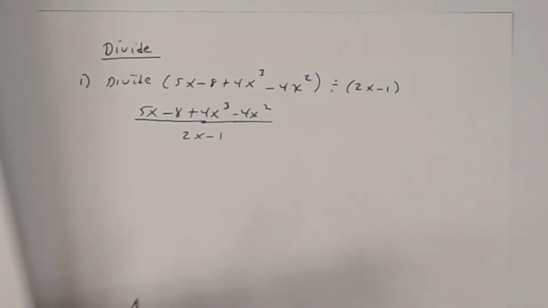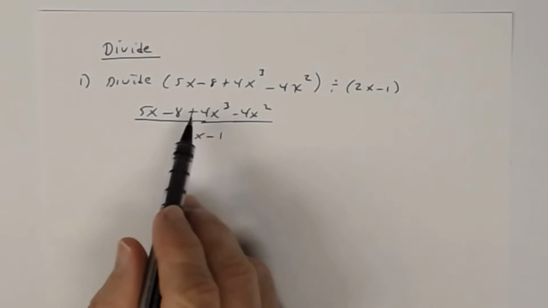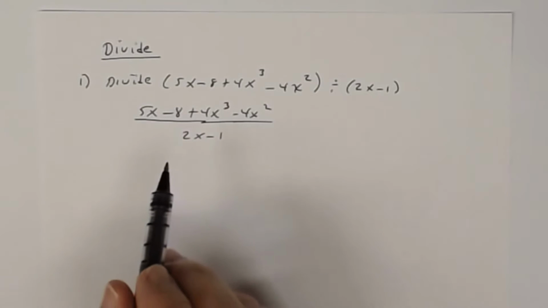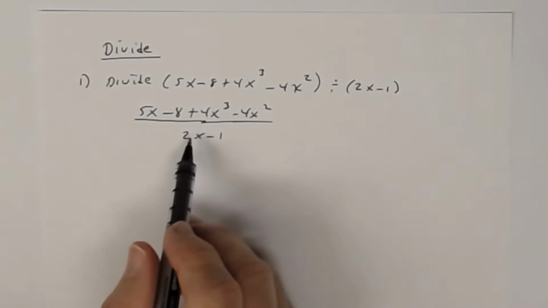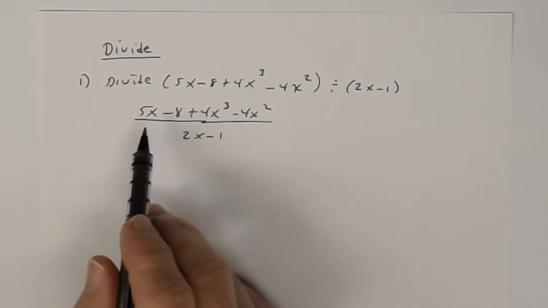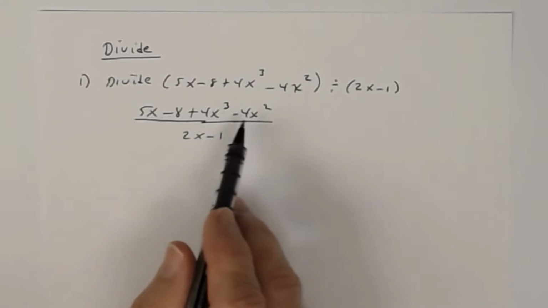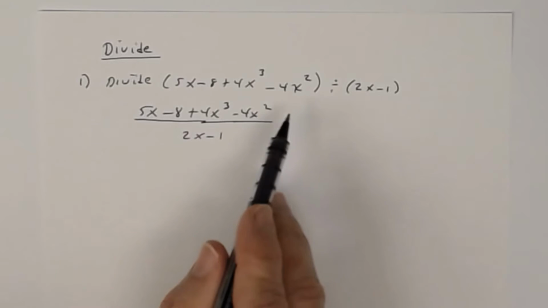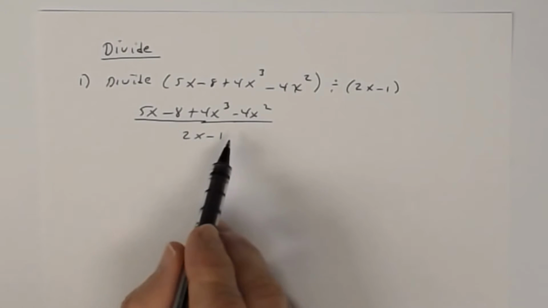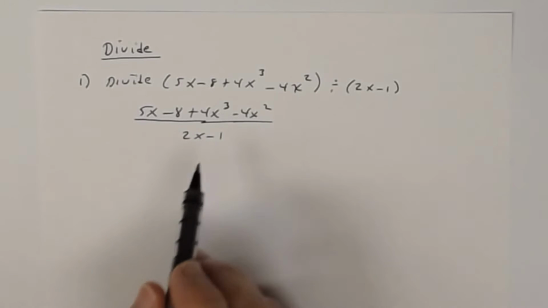Okay, so if I look at the numerator, notice that this numerator is not in descending order, but the denominator is. So remember, when you write something in descending order, you want the largest exponent written first, then the next one, then the next one, and you need your constant written last. Okay? So in the denominator, we're okay with that part because that's 2x to the first and then your constant.